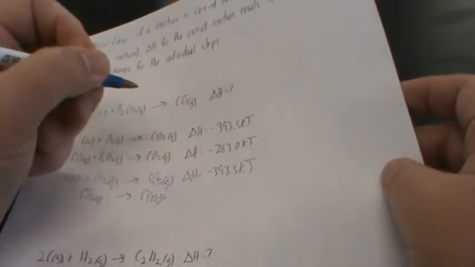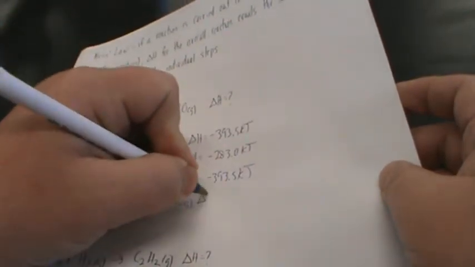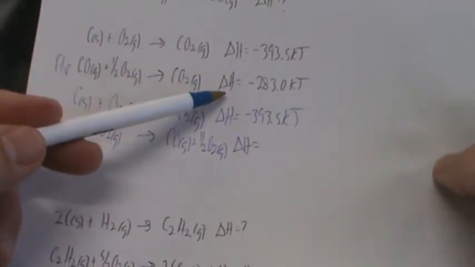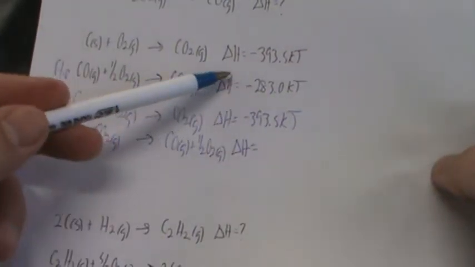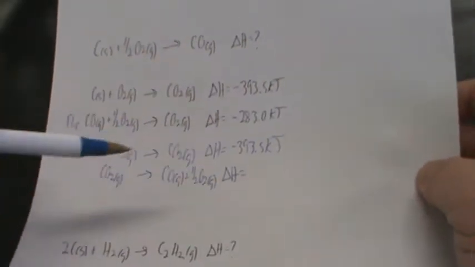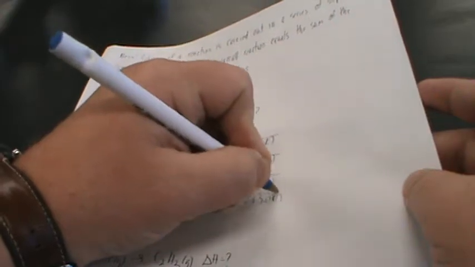CO gas plus 1/2 O2 gas. Now, whatever we do to the reaction, we also have to do to our change in enthalpy. So if we flip the reaction, the change in enthalpy sign is going to be flipped as well. So now instead of having a negative 283 kilojoules, we have a positive 283 kilojoules.